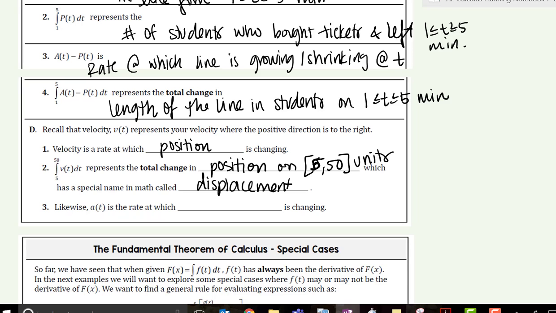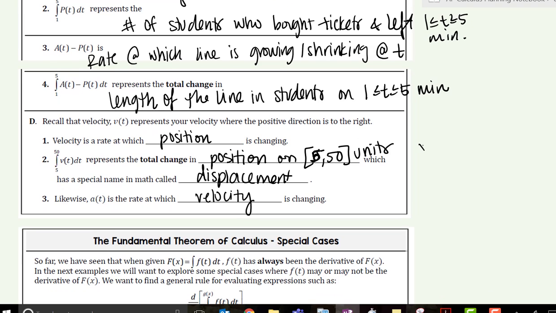Likewise, a of t is the rate at which velocity is changing. So what we are kind of doing now, and you guys have seen this, right? You have your position, so your s of t, that's usually speed. Let me do an x of t. We go from x of t to velocity to acceleration, and we've normally just gone from velocity to acceleration, and now we're going to be working our way backwards.